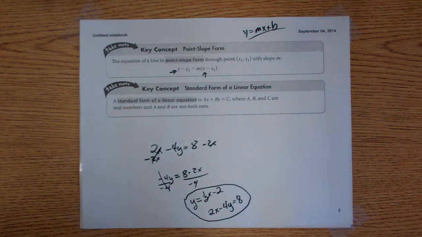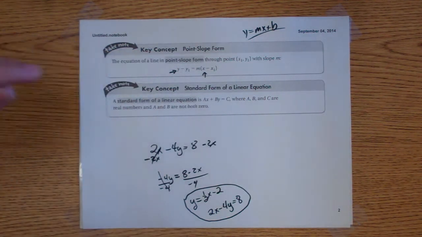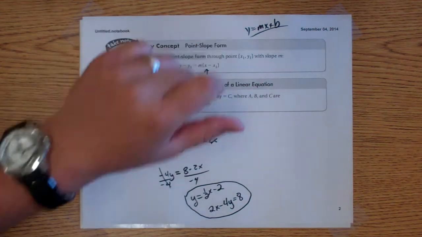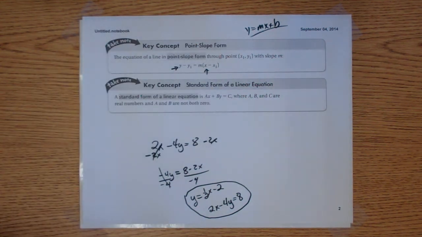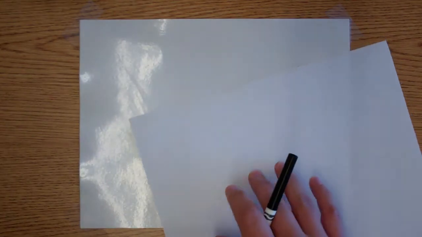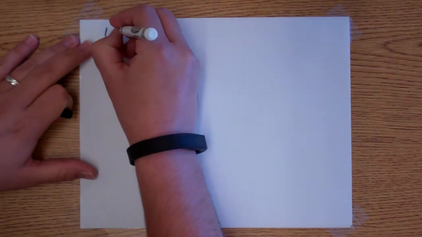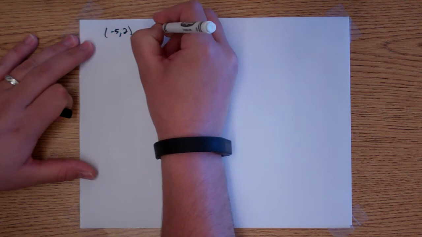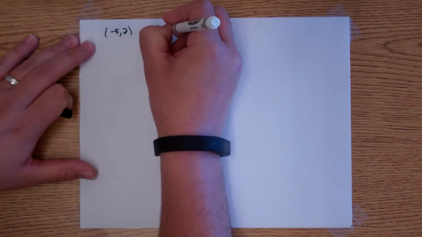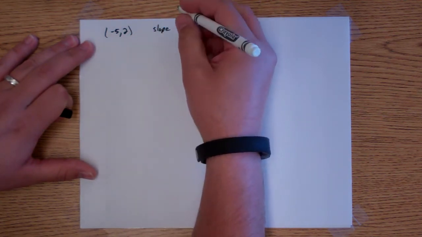So let's look at some problems where we're going to have to use point-slope form, where we're given one point on the line and the slope of the line, and we have to figure out the y-intercept form and then graph it. So let's look at a line that passes through point negative 5, 2, with a slope of 3/5.